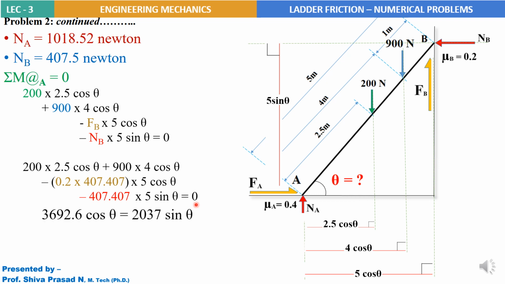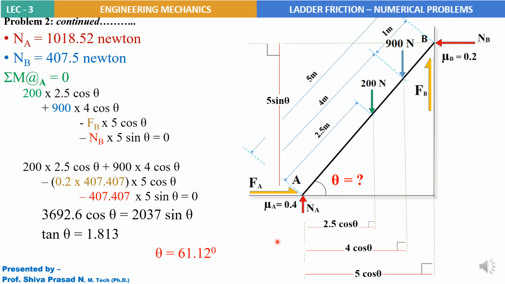So on further simplification, we get this equation: 3692.6 cos theta is equal to 2037 sin theta. So this is in terms of cos theta and sin theta, and on further simplification we get tan theta equal to 1.813, and theta will be equal to tan inverse of this, which is equal to 61.12 degrees.